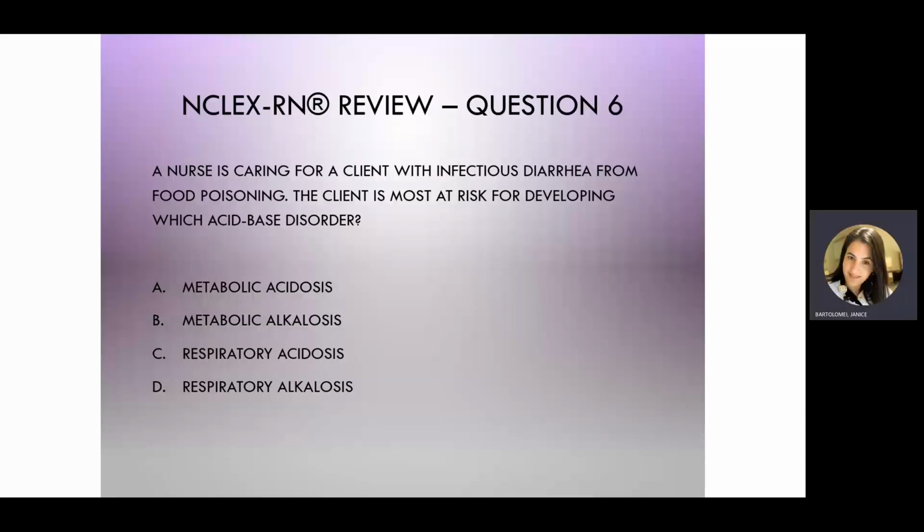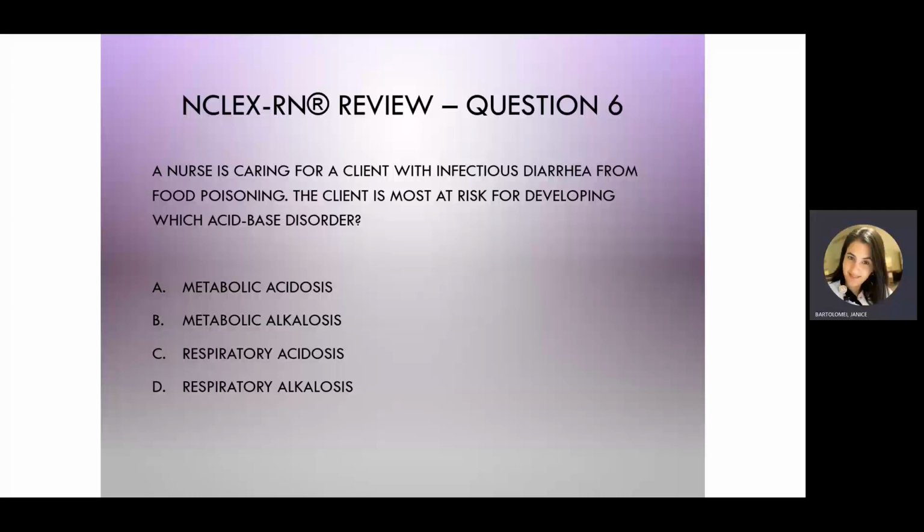Okay, one more. A nurse is caring for a client with infectious diarrhea from food poisoning. The client is most at risk for developing which acid-base disorder? What do we have, bicarb or acid, in our stool, in our GI tract?